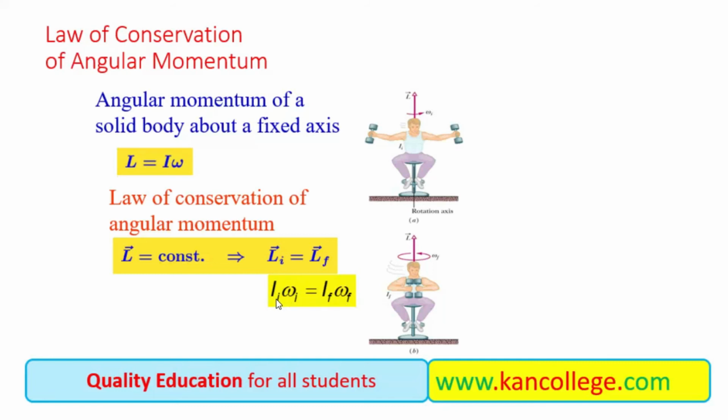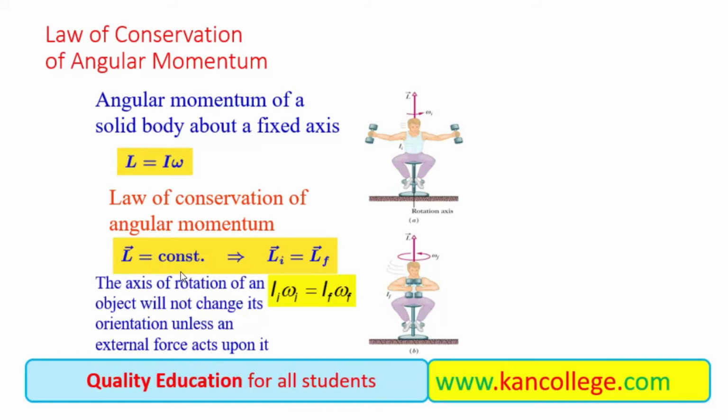It means that the total angular momentum I omega will remain the same, but as I decreases, omega will increase, while the total angular momentum remains constant.